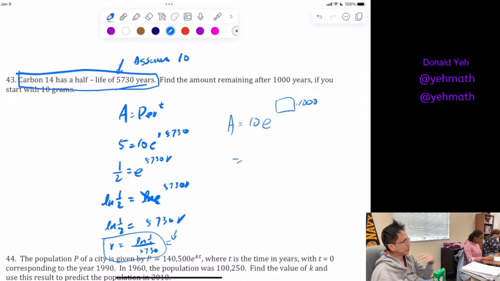Natural log of 0.5. Let me see the calculator. You can work it in decimal too. You can practice it. Divided by 5,730. You have to be careful how you put the divide here.